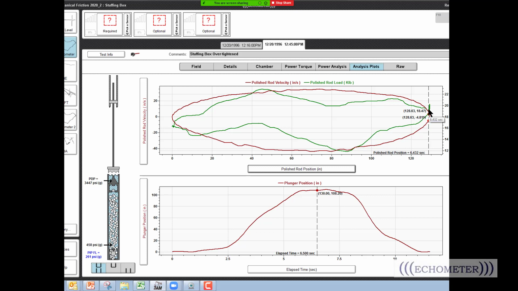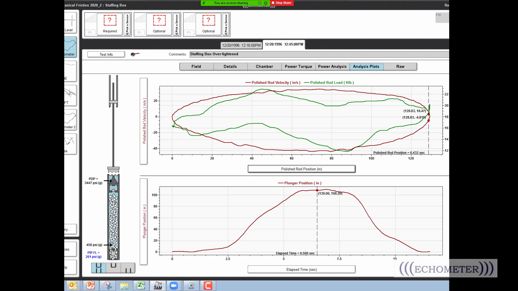That's the reversal of the friction. It's resisting the load. It's a friction on the rods, and when the rods change direction, the friction has to change direction. So that's that vertical line. You should expect to see that if the friction is near the surface, or if it's being released.